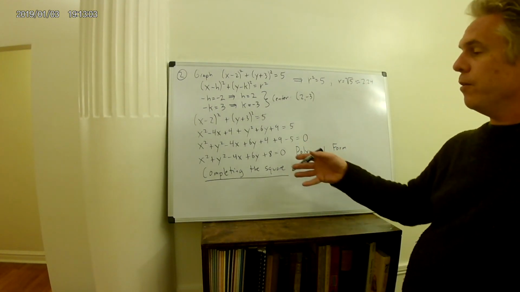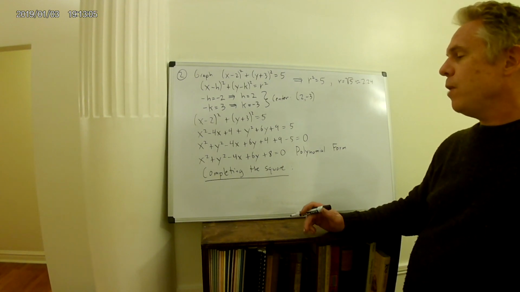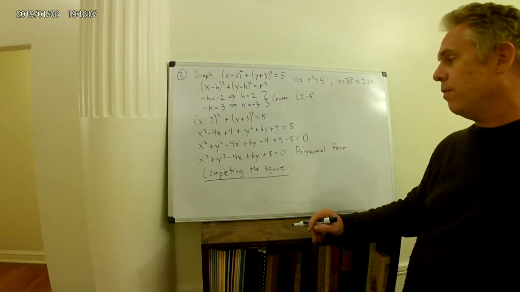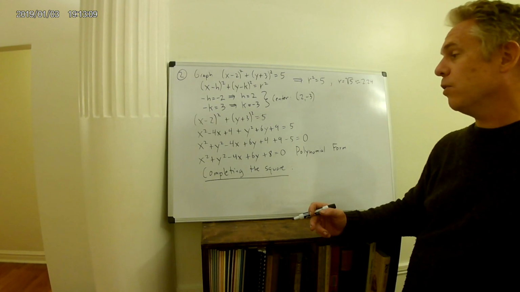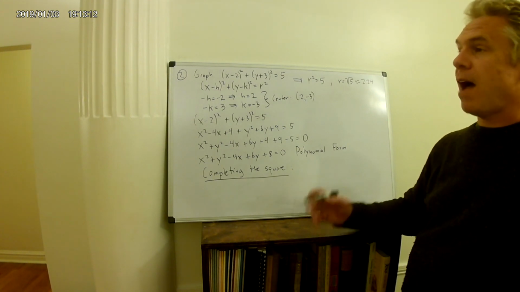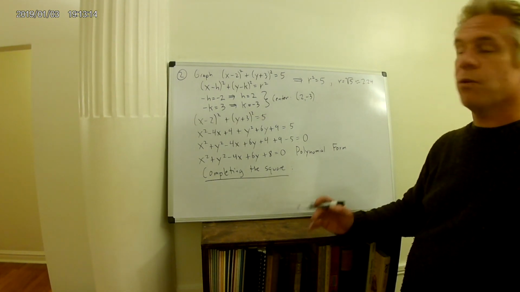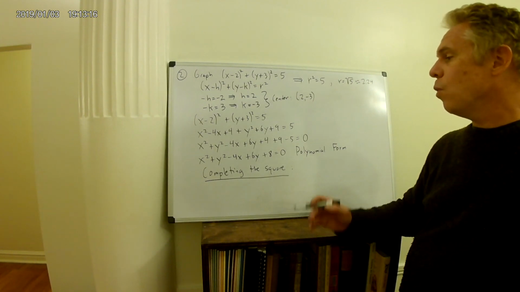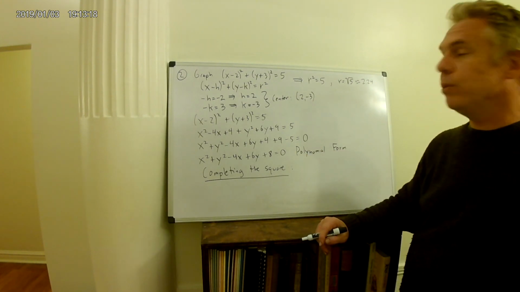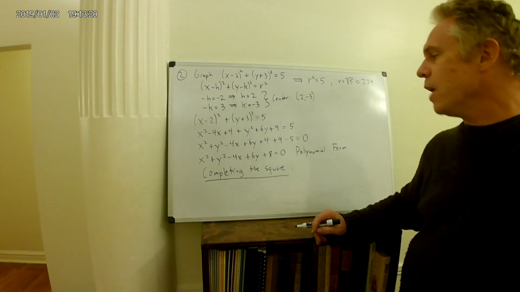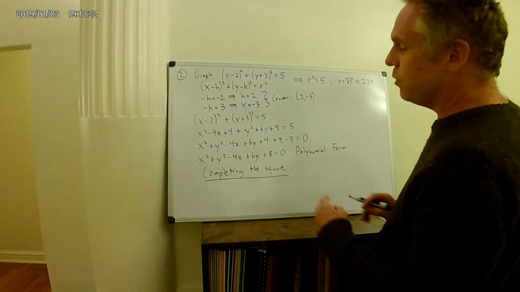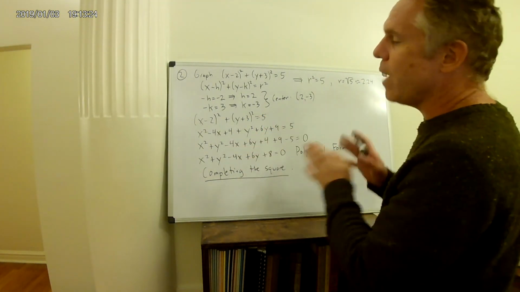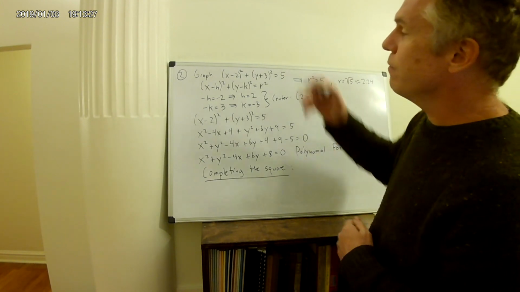If you have a quadratic equation, there are three ways to solve it. You can factor it, or you can use the quadratic formula, or the third way is to complete the square. So we're going to complete the square in both x and y to turn this into the factored form.